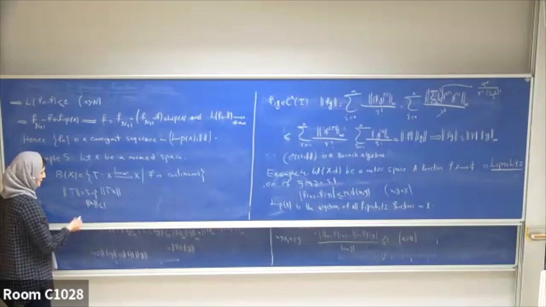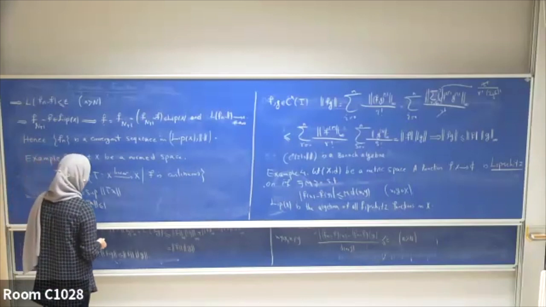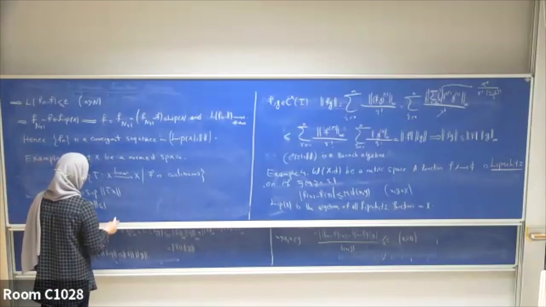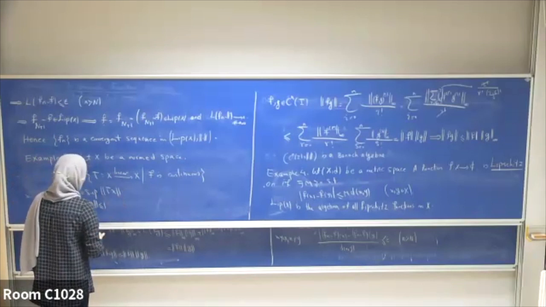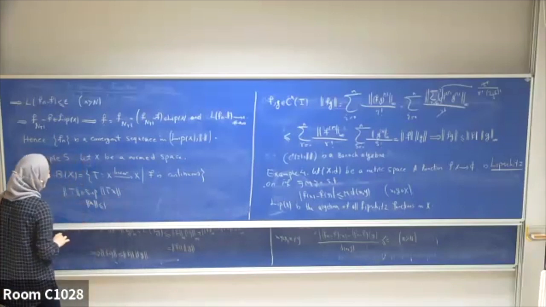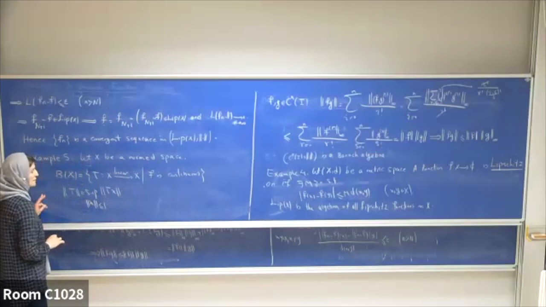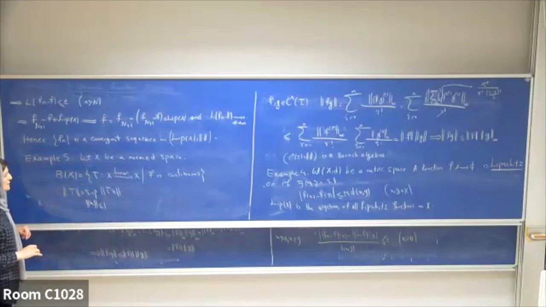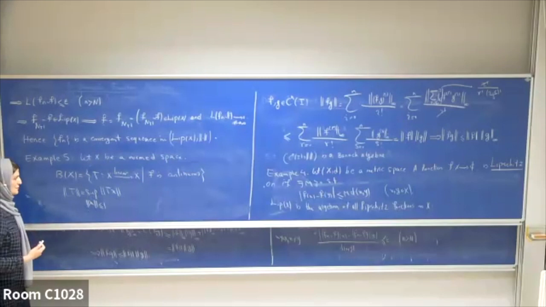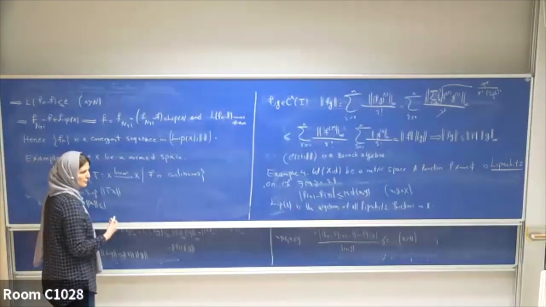They're the same. It's easy to check. This is the operator norm, and we know it is a vector space with pointwise addition and pointwise scalar multiplication. But if we want to make it a Banach algebra, we define multiplication to be composition of functions.